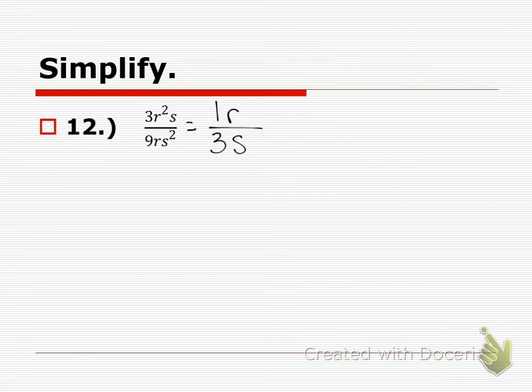The exponent will always be positive wherever the bigger exponent started off. Okay. So bigger exponent was in the bottom, it'll be positive in the bottom. Questions about 12? I thought you had to flip it. So if it's negative in the top, then it would be positive when you flip it to the bottom. Okay.